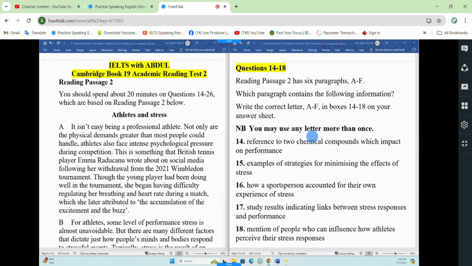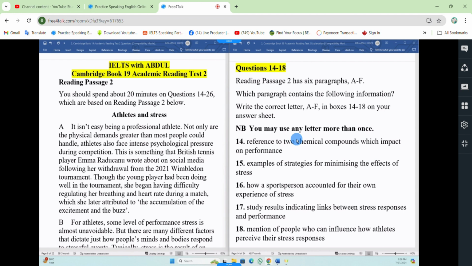The first thing I would like to suggest is that you should read the question first, then try to explain as much as you can why the question is here and what its meaning is, what the question is targeting or aiming at.